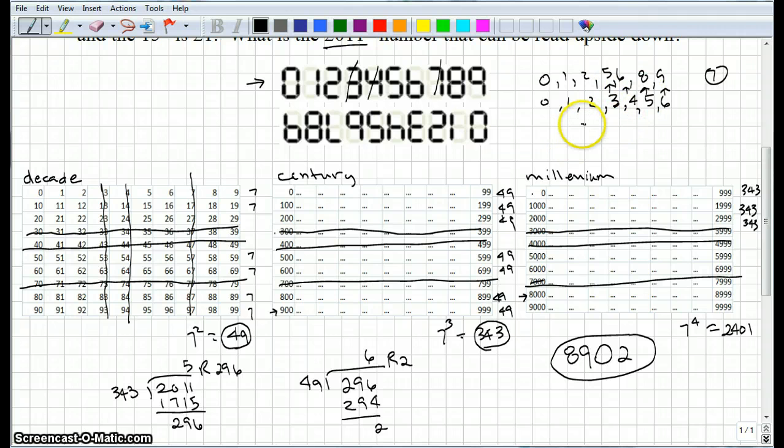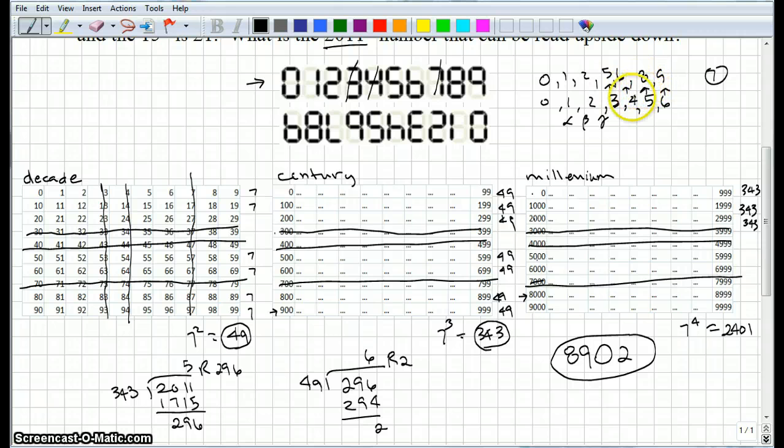I could count in Japanese, or I could count in Greek letters. I could call this alpha, and then beta, and gamma. These are just symbols, okay? So essentially what we're doing is counting using 7 digits.